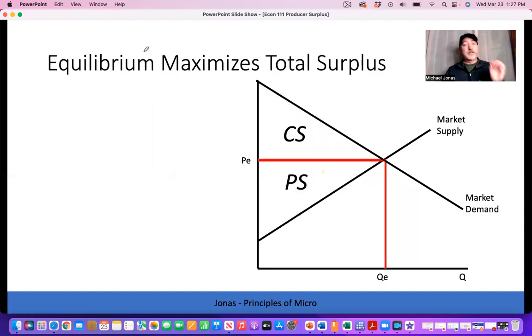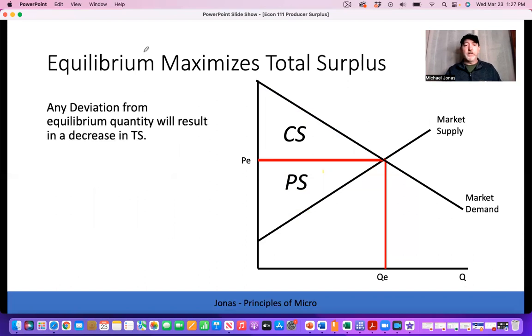And luckily, we've already kind of shown it with the geometry. No combination of price and quantity that we can find is going to give us a higher level of total surplus than market equilibrium. So this goes back to the idea that a market equilibrium, when left to its own devices, will give us the most efficient, social welfare maximizing outcome.